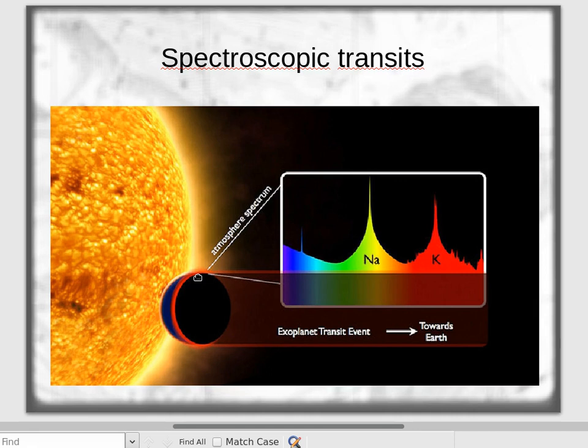Therefore, the planet will look bigger at the wavelengths within that absorption line than for wavelengths outside of the absorption line. And here is a typical case. There are two sodium and potassium lines that have been observed in many planets. And if we look within the light in those lines, the planet appears bigger.